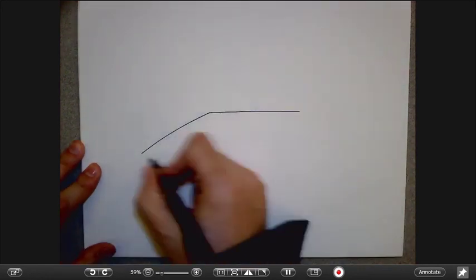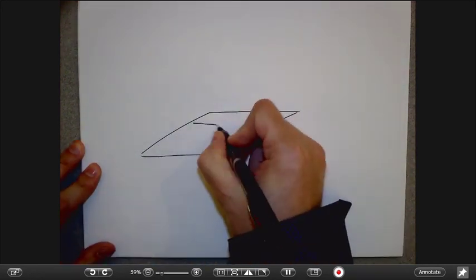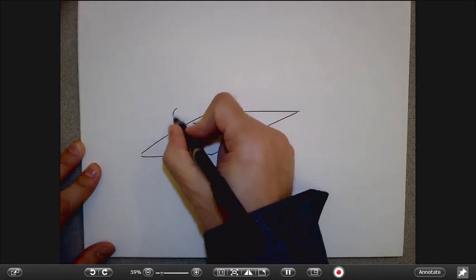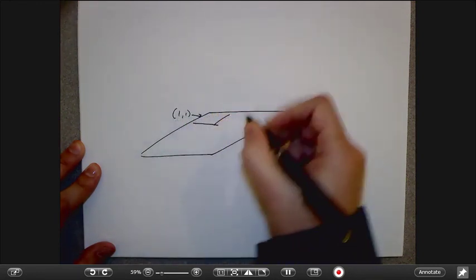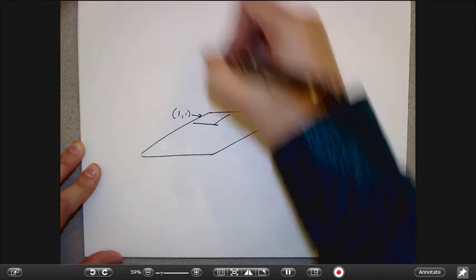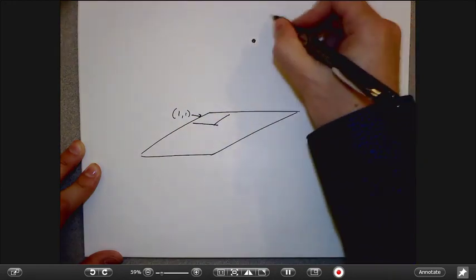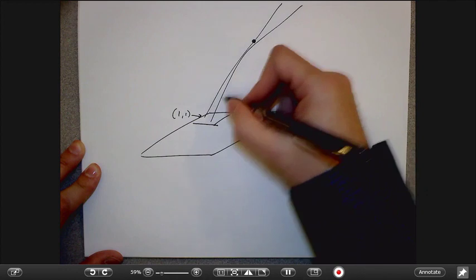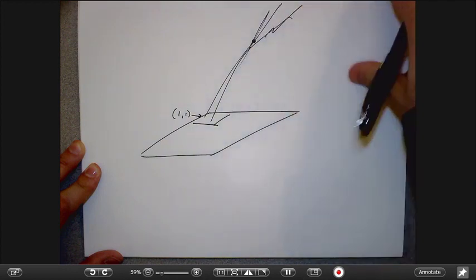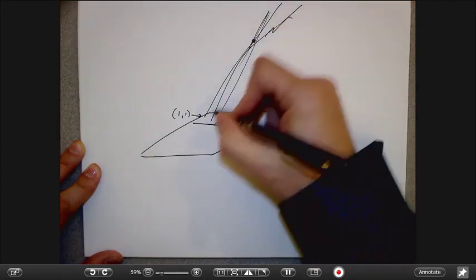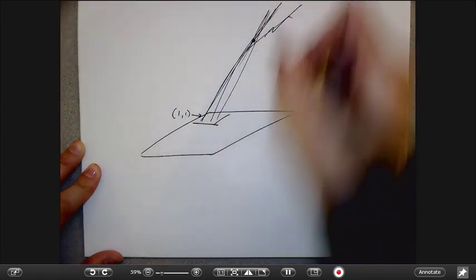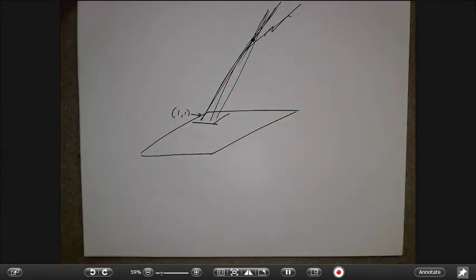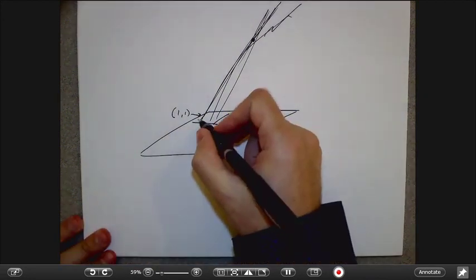So the way to think about this is that I have an array of sensors. I'm going to call this sensor the 1, 1 sensor, and then I've got the camera aperture. All sorts of light is coming through the aperture, because the physical sensor has some finite extent.